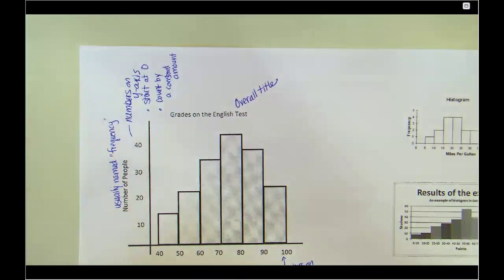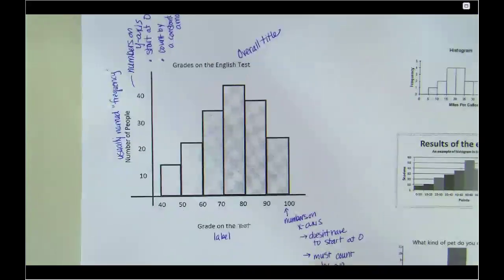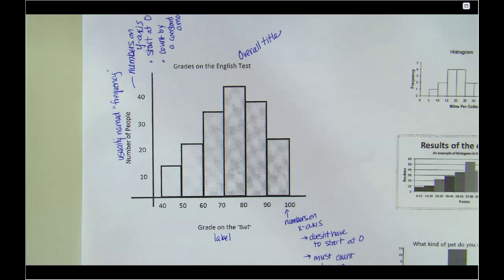In the two we worked on the other day, the box and whisker plot and the dot plot, they had just a label and title at the bottom of the x-axis, and that was enough. This one has to have an overall title because it has labels on the x and y-axis that are different.